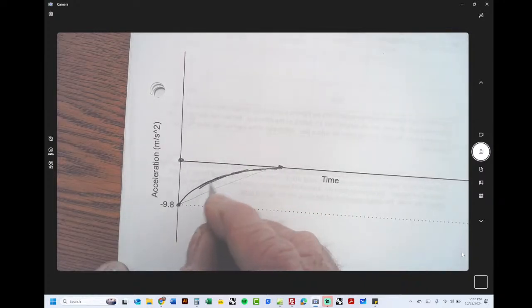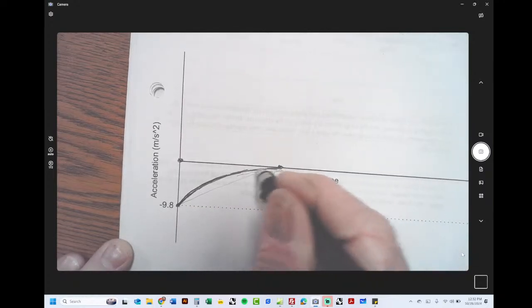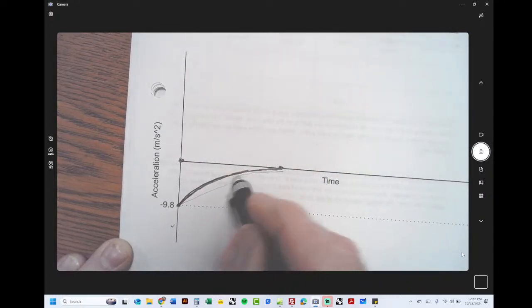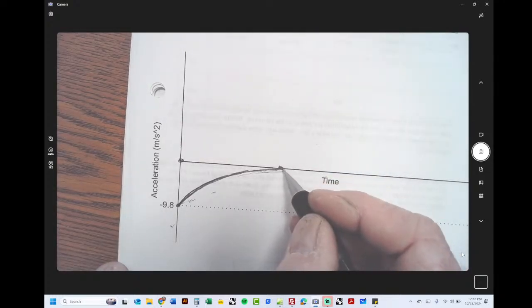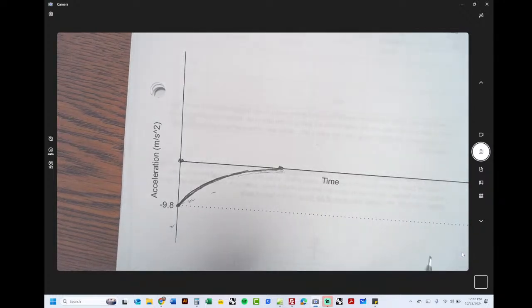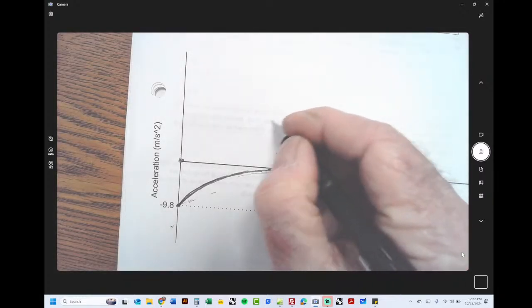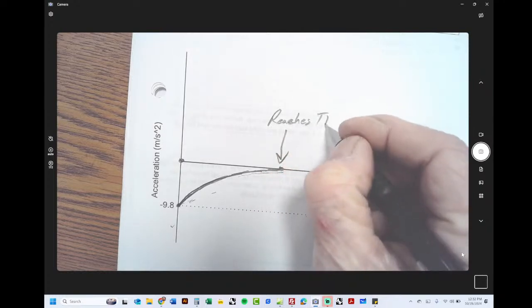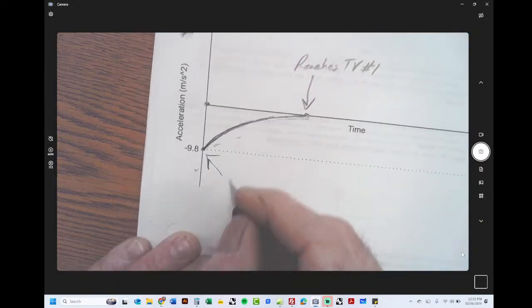The explanation for that is the closer you get to your terminal velocity, the slower you're accelerating. Terminal velocity is the point where you're not accelerating at all. And really you sort of approach it asymptotically. So this is where it reaches terminal velocity number 1, and this is where they step off.